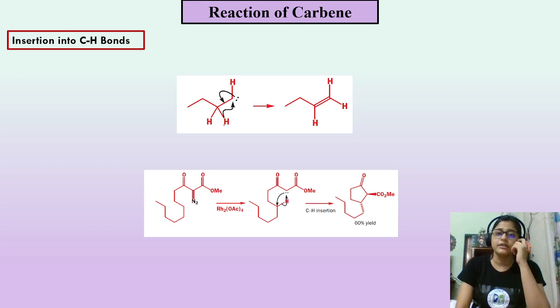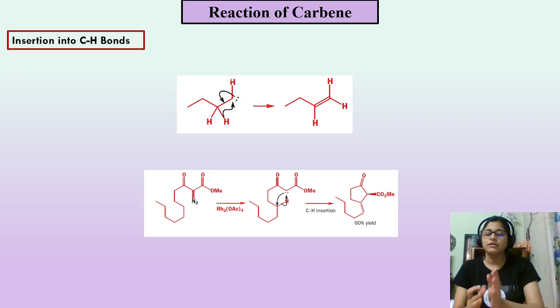So in the reactions of carbene, one important reaction is this also, where nothing is given in the reaction condition after the carbene formation. As we know, carbene is not stable, it is an intermediate, so it should react with someone.